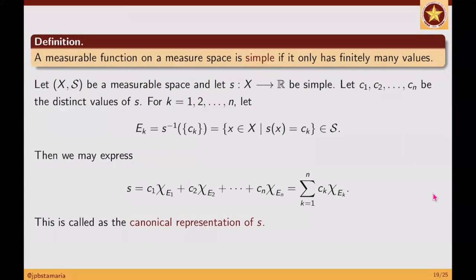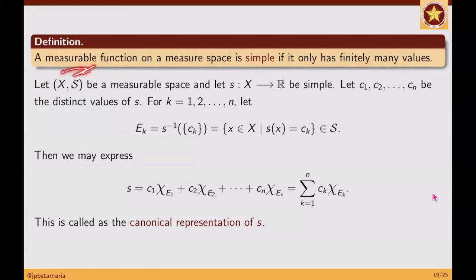In real analysis, kapag sinabing ang function ay simple, it's a type of a measurable function where it only has finitely many values. Parang yung mga characteristic function, 0 at 1 lang ang value, dalawa lang ang value. In general, pag sinabing simple, kahit na ilan ang value, basta finite.